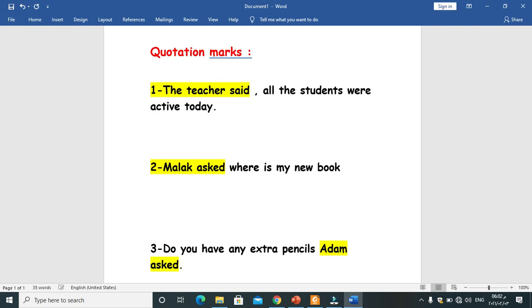Before you start, you need to insert the quotation mark, then start with a capital letter. It's already capital here. Much homework today. We put a period, then close the sentence. Let's practice in our book now.